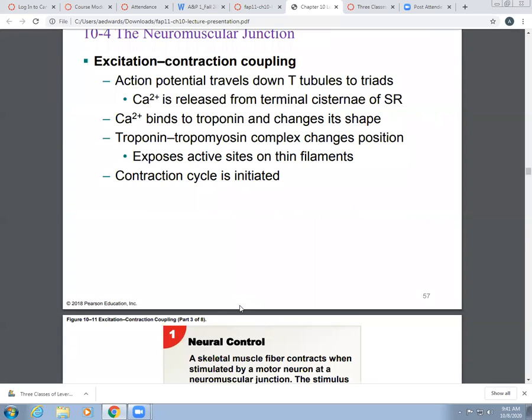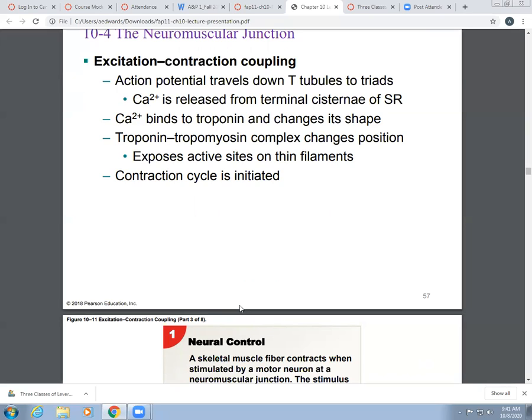All right, next concept. Excitation-contraction coupling. So this is another one of those potential short answer or essay questions you'd have to explain. That's the term that just means you pair excitation with contraction. So with action potentials, they're traveling down the T tubules.